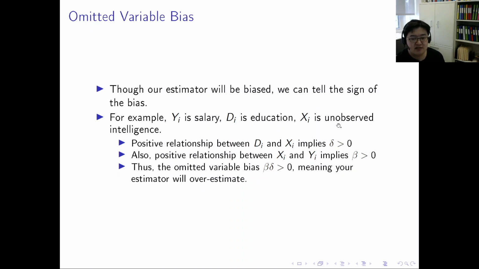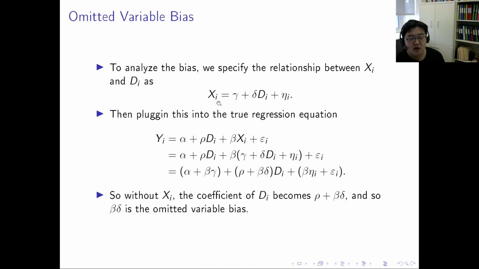I expect a positive coefficient delta, because the higher educated are more likely to be intelligent. So delta should be positive.